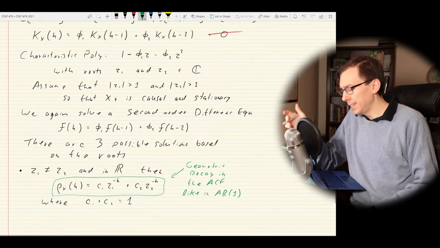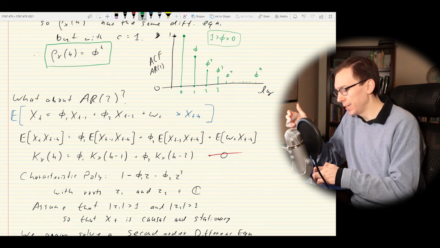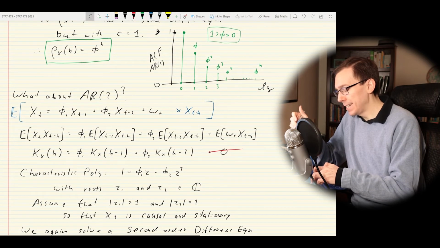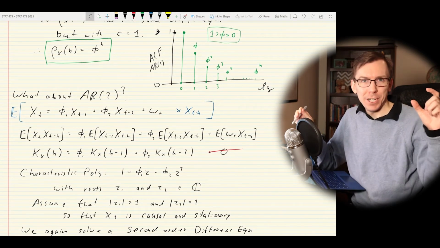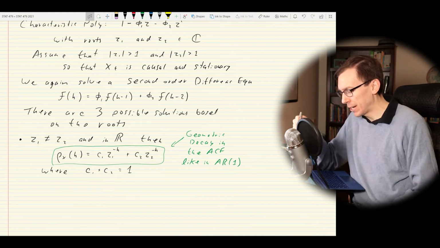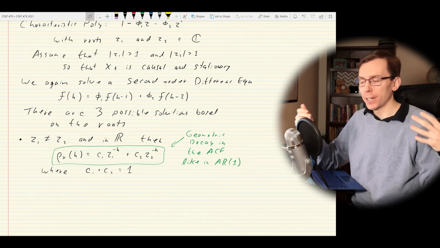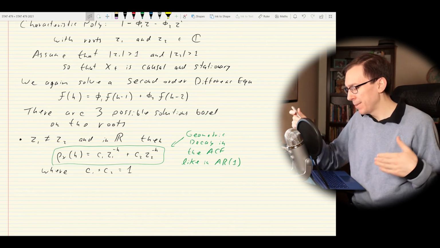So really, it's like the solution that I had up here for AR1, circled in green, but instead of having 1 geometrically decaying term, I have now 2 geometrically decaying terms, but effectively the look will be about the same.